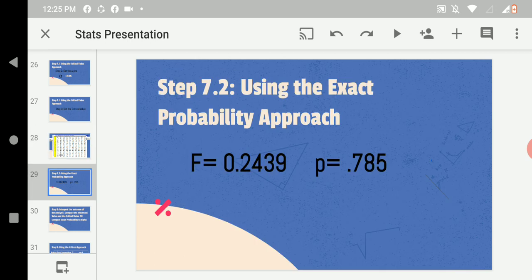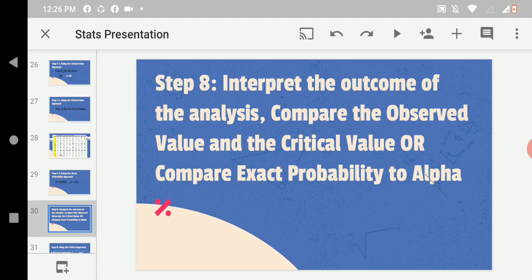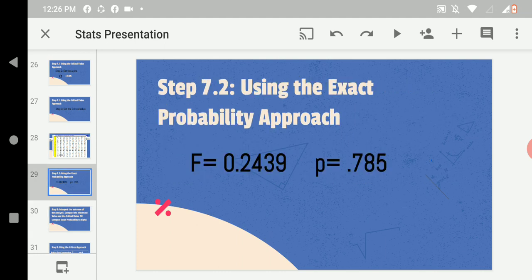the next approach, using the exact probability approach. In calculating the probability approach, you will be using the P program, or if you have SPSS, you can also use that, and you need to solve that in the computer.